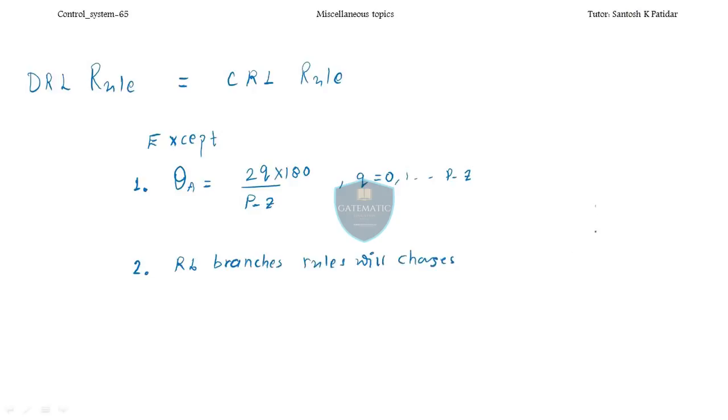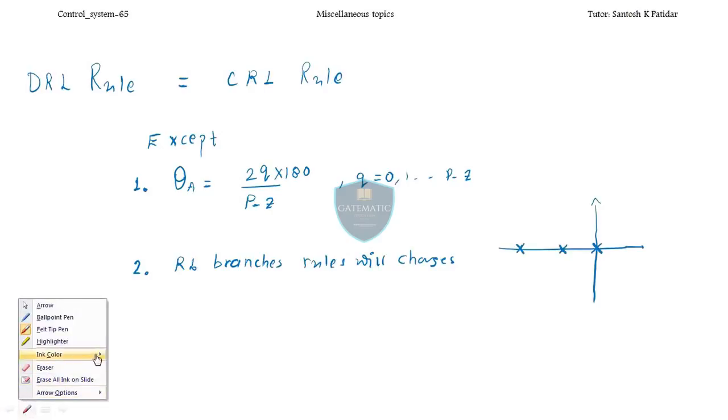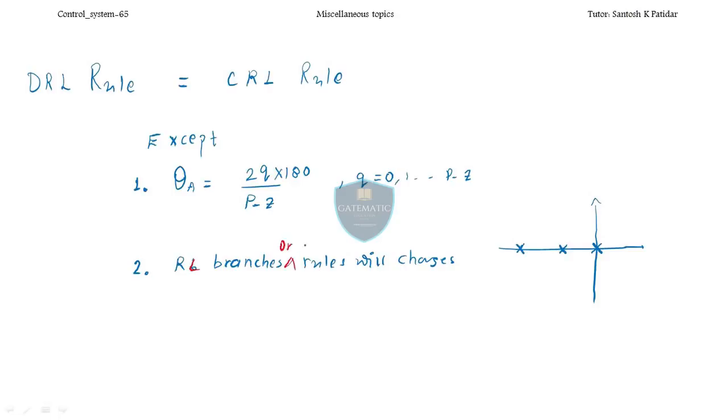Okay, so what is that? See, this is your S plane. Here you have some poles. Now if you want to find out the root locus branches on the real axis, let's take this as 0, and this is -1, -2.